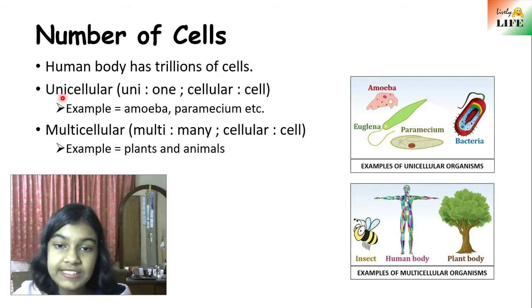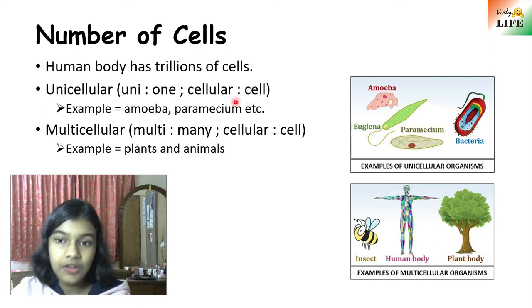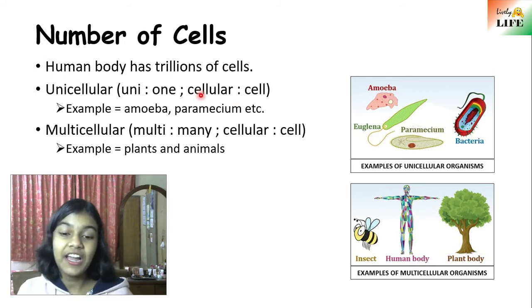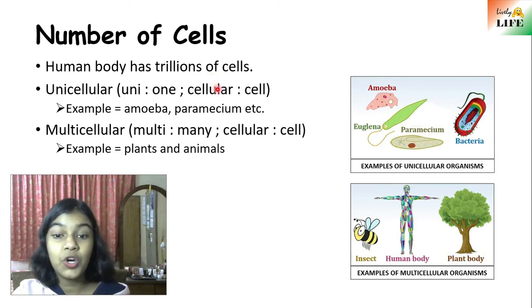Let's know what is the meaning of unicellular. Uni means one and cellular means cell. One cell. So what do we understand? That unicellular means single cell, only one cell. So the organisms that are made up of only one cell are known as unicellular organisms.